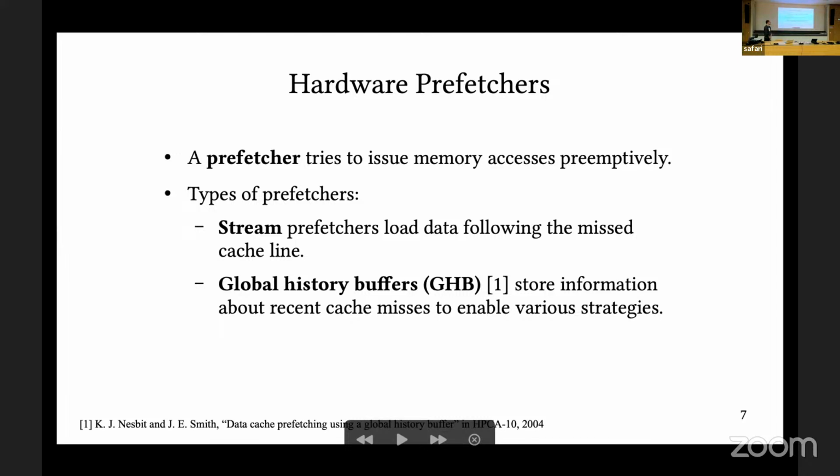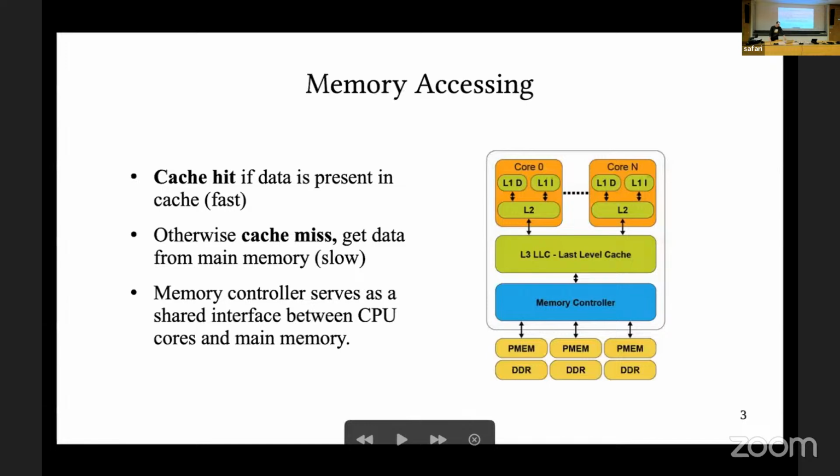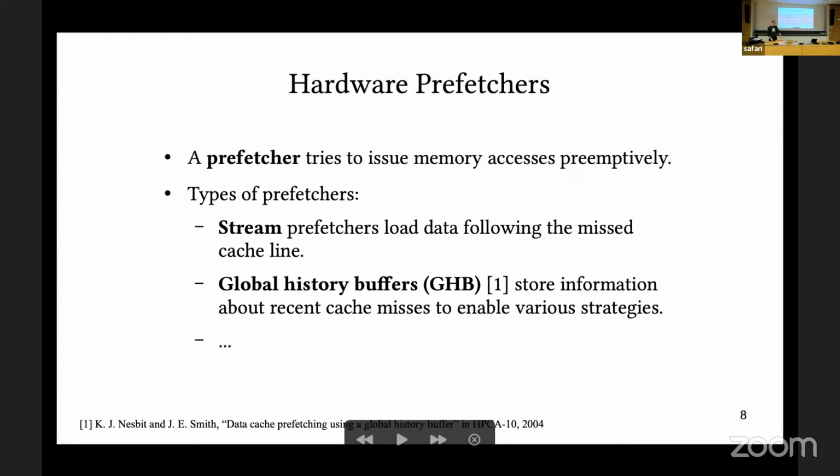Here we call them global history buffers, the data structures that store this information. And you can do a bunch of stuff with this. And there are many more. I show these because they're compared against a lot in this paper, and you see them in plots. That's basically it. These prefetchers pretty much try to increase the hit rate, as I said on the previous slide.